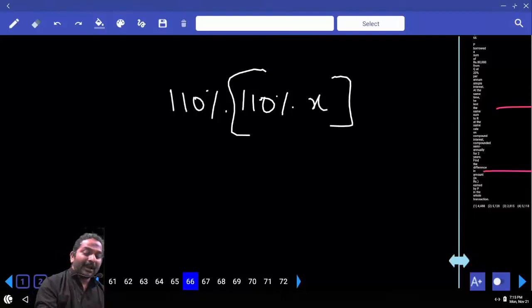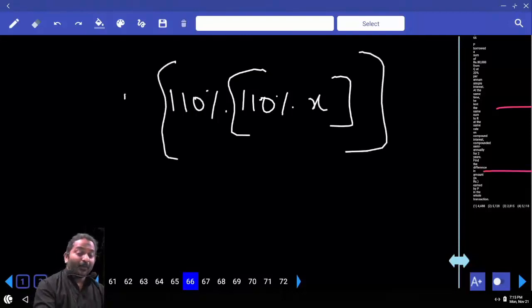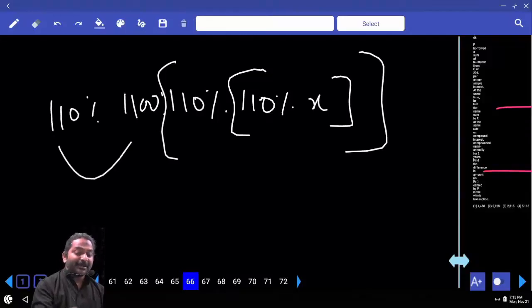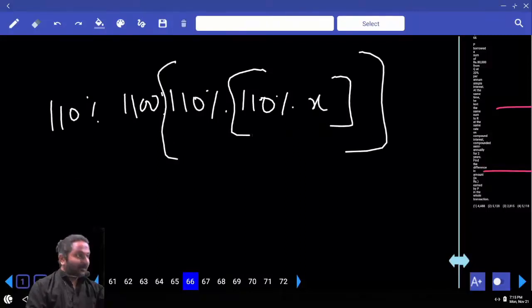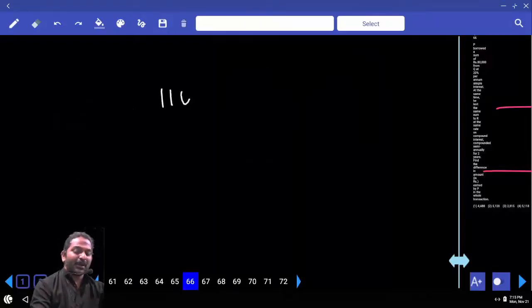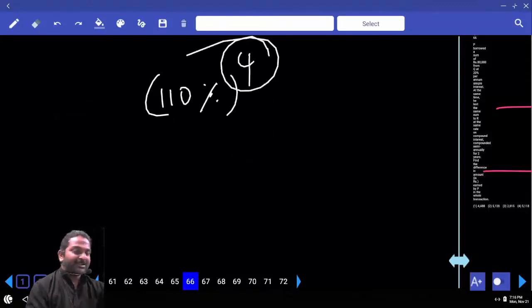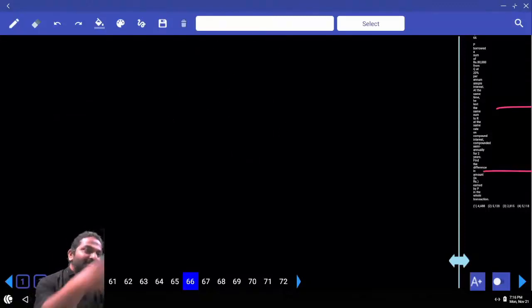After the third year, 110%. After the fourth year, 110%. So 110%, 110%, 110%, how many times do we have it? Because it is 4 years, 4 times, so 110% to the power of 4. The exponent is 4, right? That's what I was telling you.